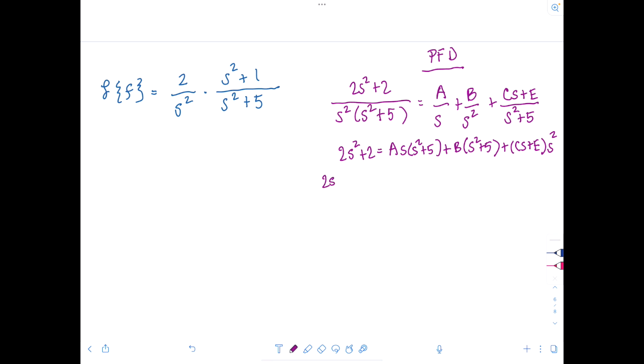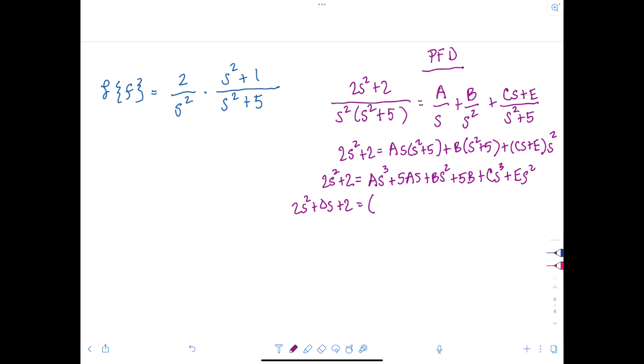So we'll have 2s squared plus 2 equals as cubed plus 5as plus bs squared plus 5b plus cs cubed plus es squared. So we'll have a 2s squared. We have 0 s's, and then we have a constant 2. That's going to equal 2.